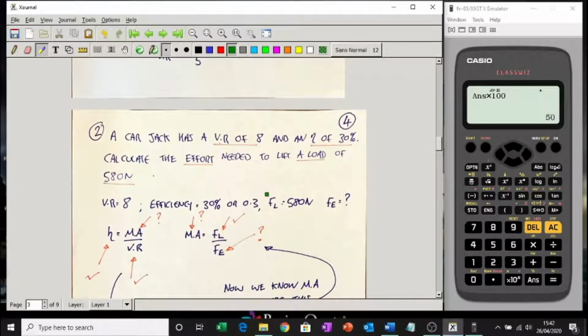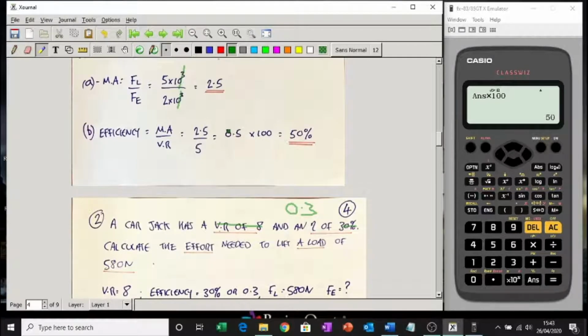Number 2: a screw jack has a velocity ratio of 8 and an efficiency of 30%. Calculate the effort needed to lift a load of 580 newtons. So there's my velocity ratio of 8. It's got an efficiency of 30%. Don't forget, we won't use the 30, we're going to use 0.3, because if you remember, it came out as 0.5 there, so we times it by 100 to get 50.